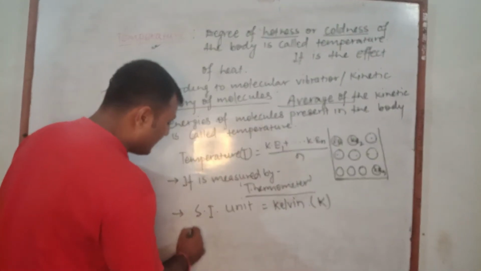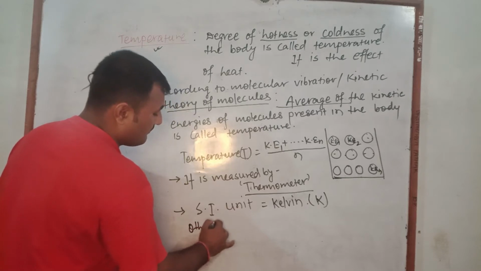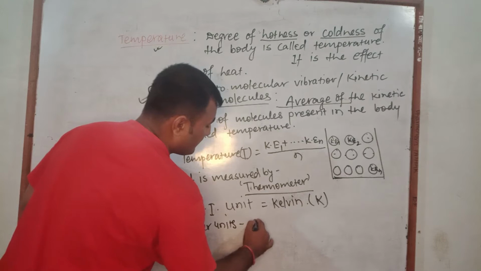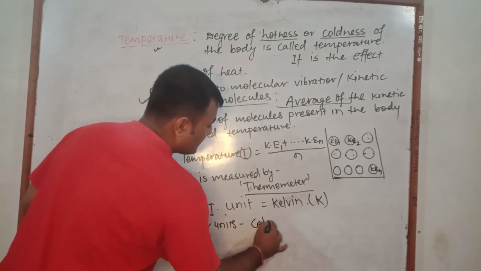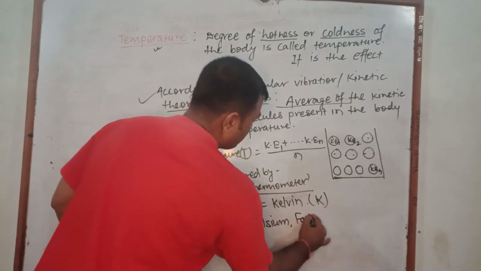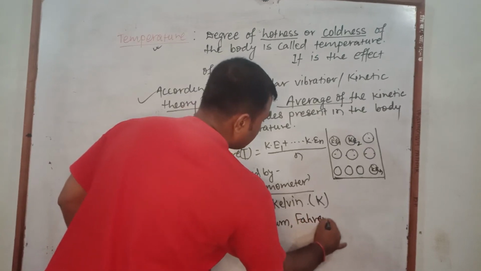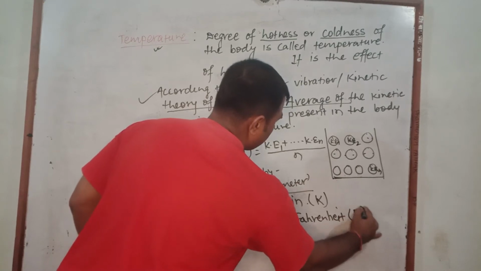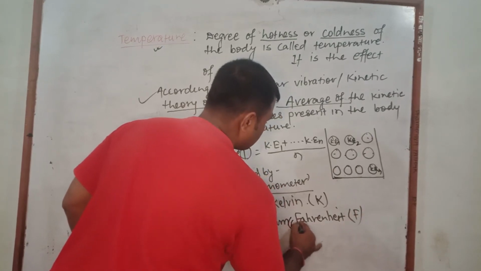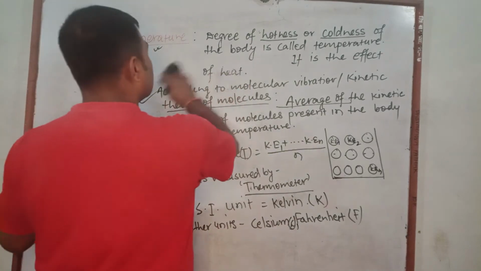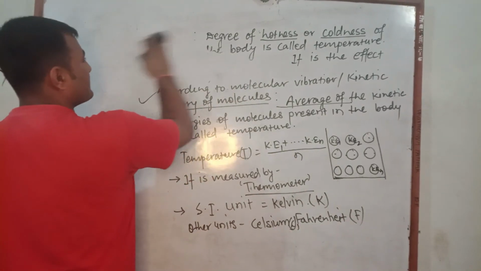Other units of temperature are Celsius, denoted simply by C, and Fahrenheit, or simply F. These are common other units of temperature.